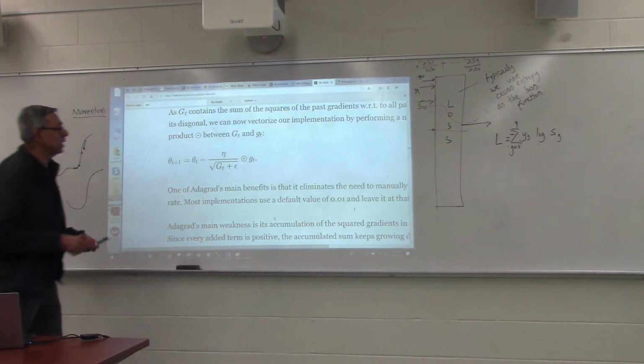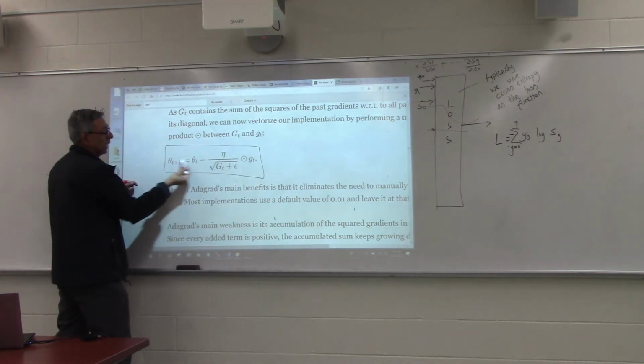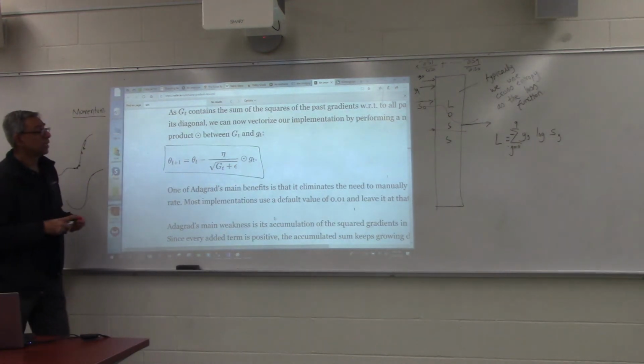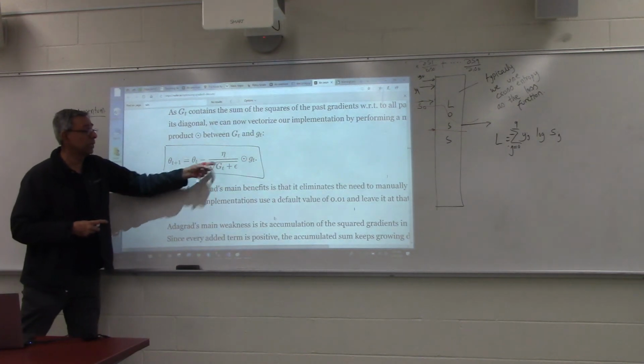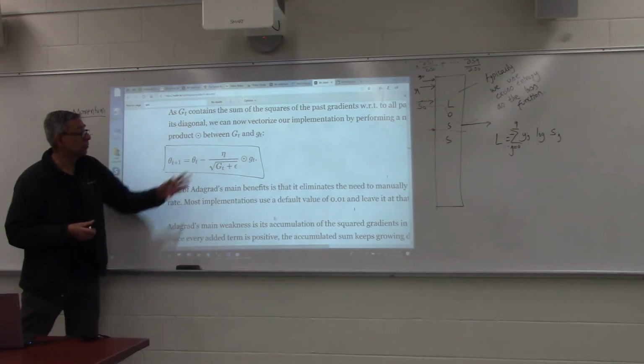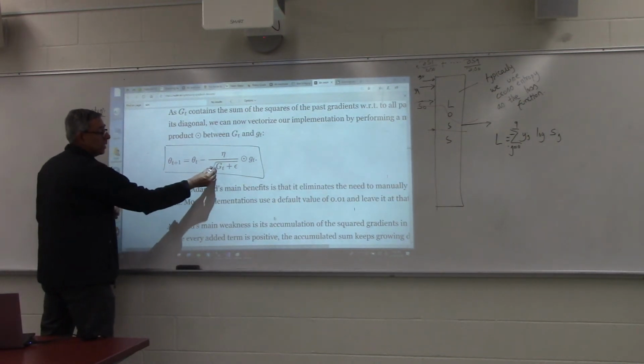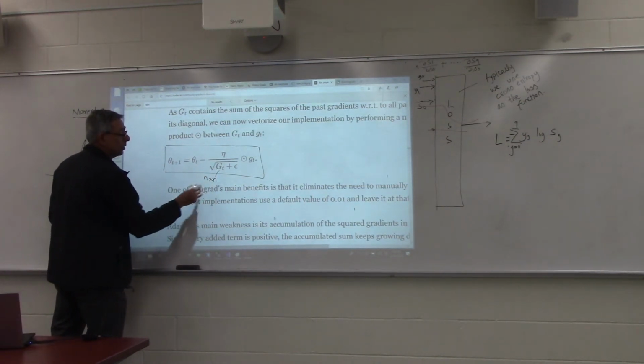And by the way, in the matrix form, even though it's doing an individual update, each weight has a different learning rate, each bias has a different learning rate, but in matrix form, this becomes GT. So this is an n by n matrix.